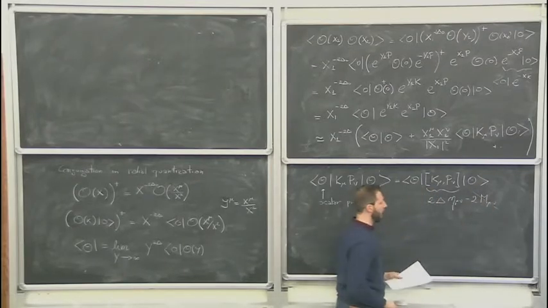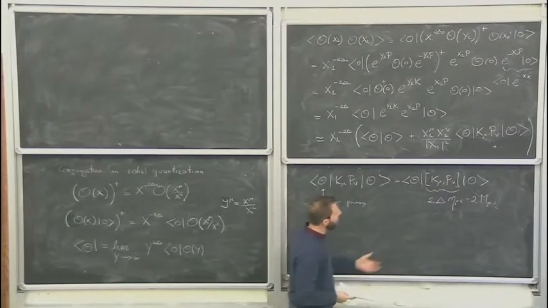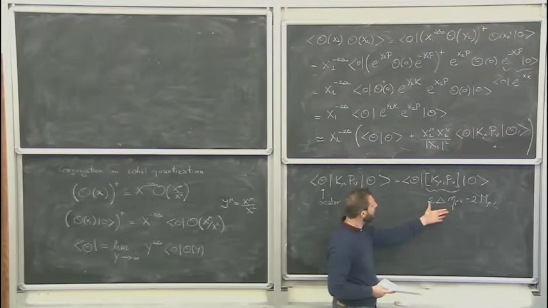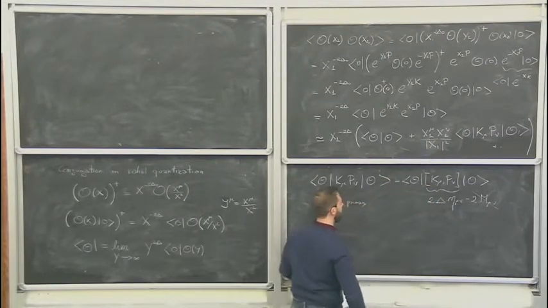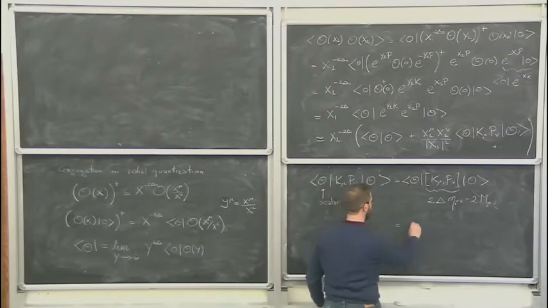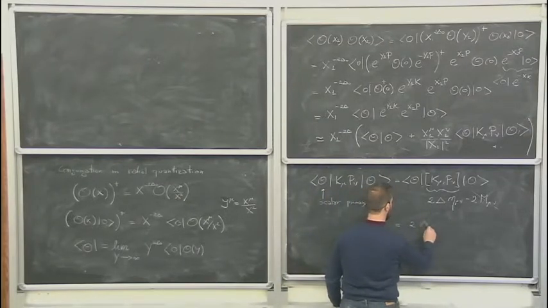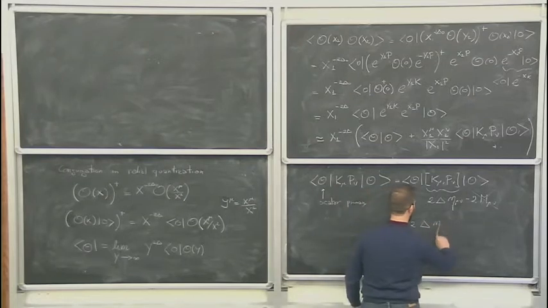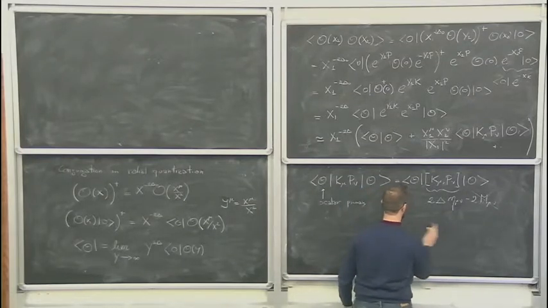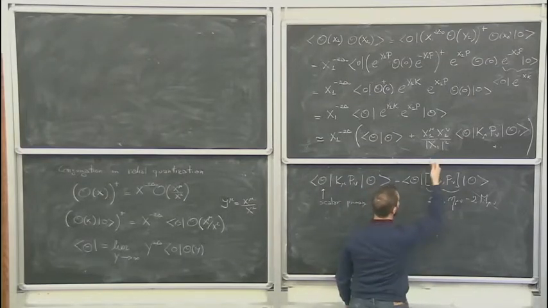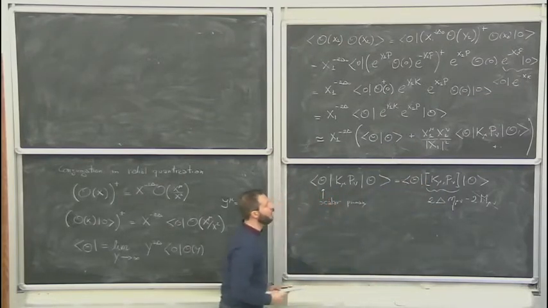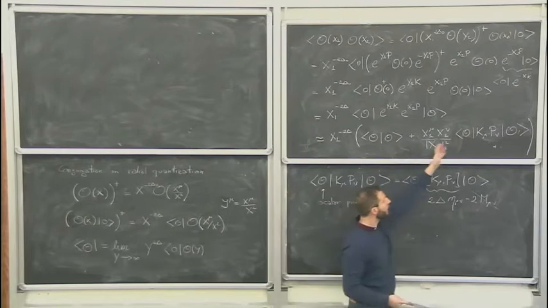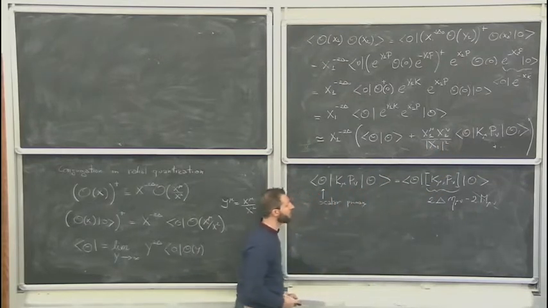So I can forget about this object, and so I just get eta mu nu contracted with the two x's, and I just get 2 delta. So you can just plug in here and you get a very nice expression for the second order.